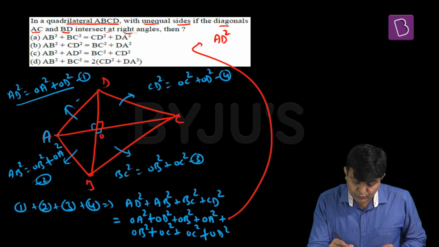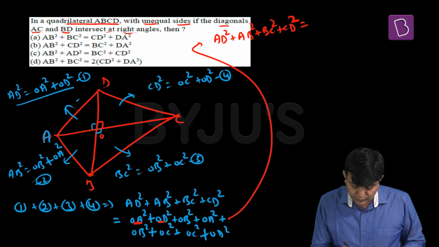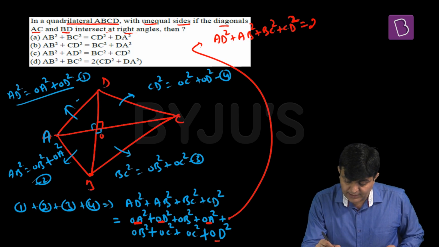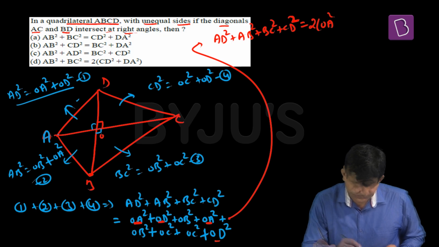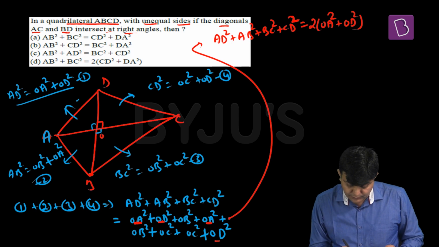Taking OA square plus OD square and OA square plus OD square again, it is twice of OA square plus OD square.